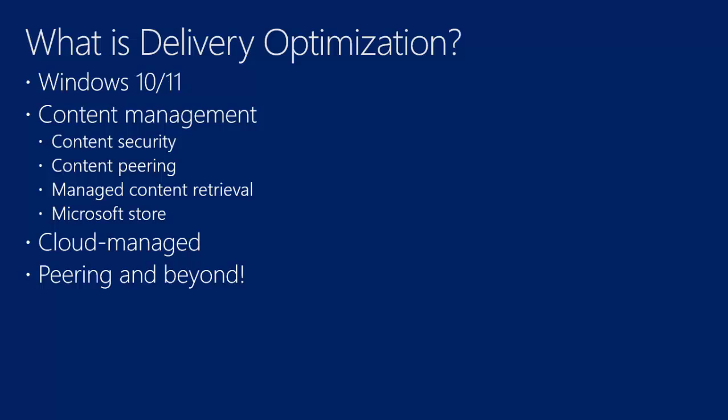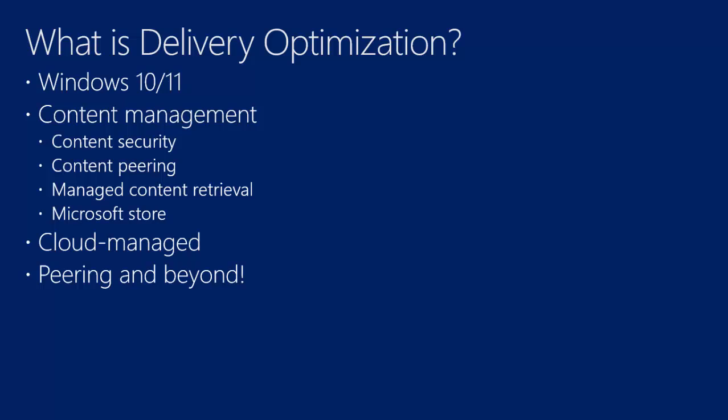And then when the second client comes up, assuming that content type is supported for peer-to-peer distribution, again, asterisk there, more on that in a minute, then the delivery optimization cloud service might tell the second client, oh, by the way, you can go get this range of bits for this content from your peer on the network who just started downloading it.